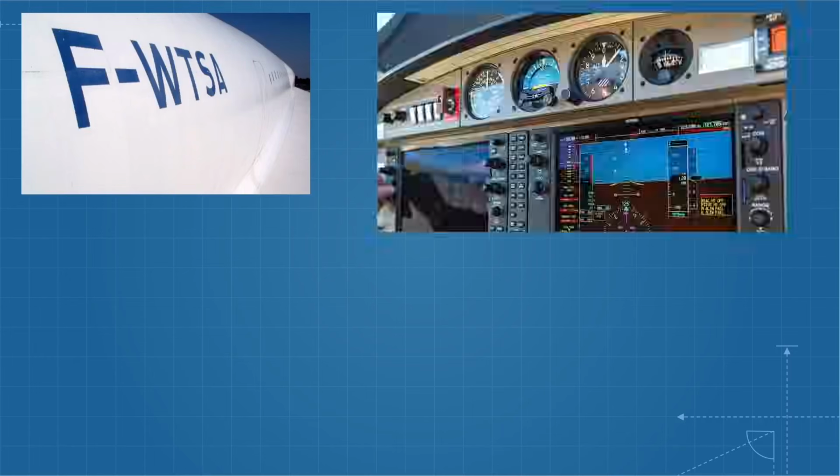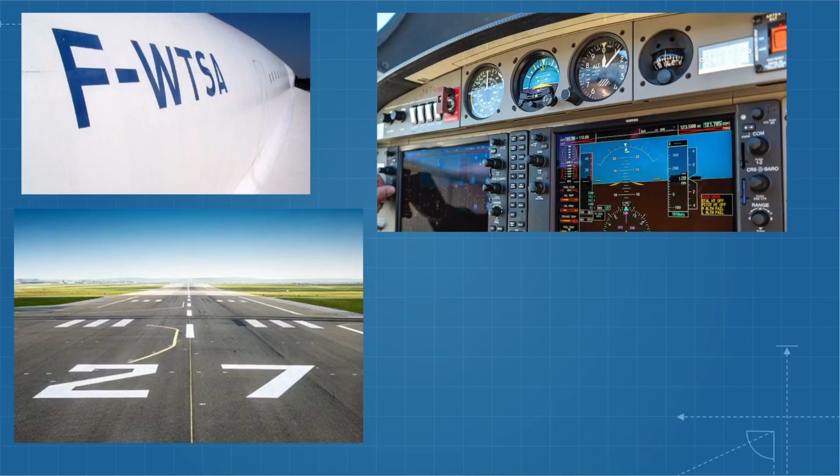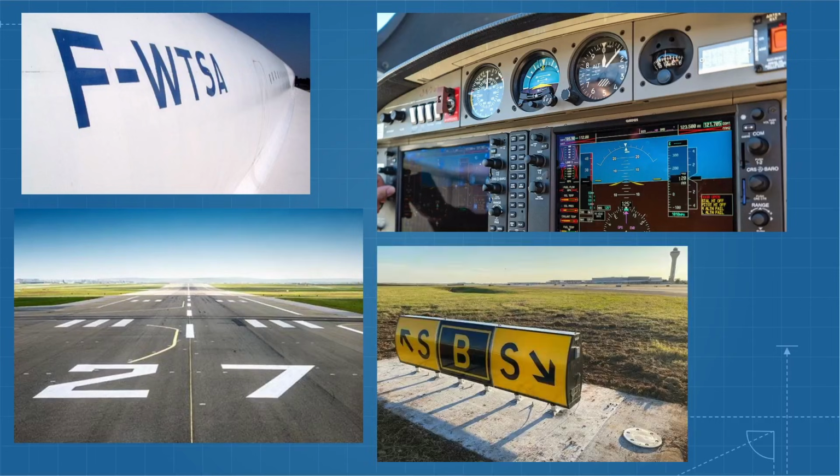So, where can you expect to hear these phonetic words and weirdly pronounced numbers? Well, everywhere. Wherever a letter or number is needed to be referenced on the radio, the phonetic alphabet is used. So, you could hear it in aircraft call signs, altitude readings, speed readings, headings, for runway numbers, or for taxiway names. Wherever there is a letter or number, expect to use the phonetic alphabet.